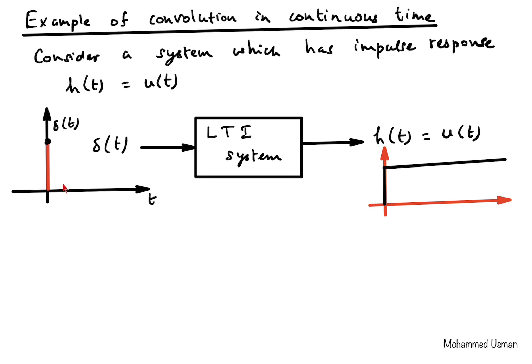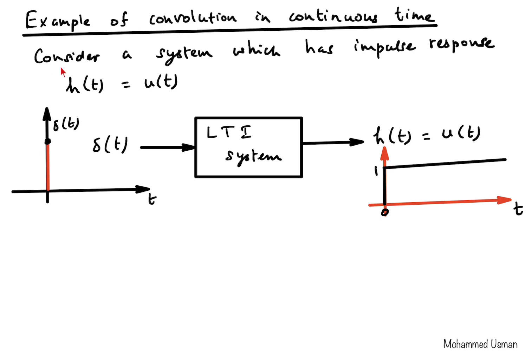When we give an input which is an impulse, the output is a step function which has a constant value of 1 for all t greater than or equal to 0. That's what it means, right? So that's t, and that is u of t, which has a value of 1 for all t greater than or equal to 0, right? So for t less than 0, it is 0. So that is the impulse response of the system.